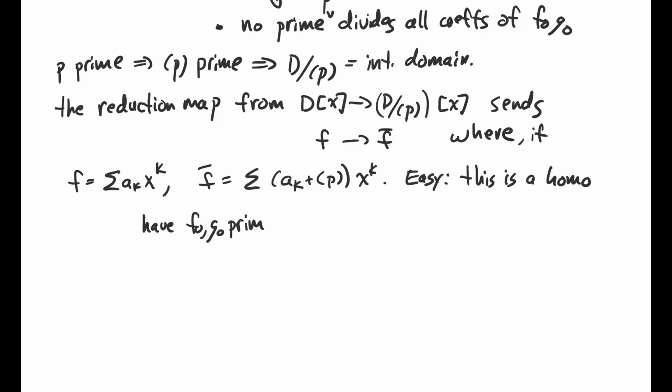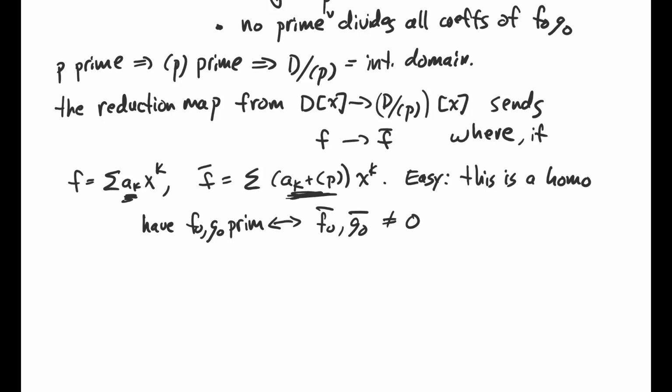So that means p does not divide all of the coefficients in either f naught or g naught. And if you think about it, to say that p doesn't divide it just means that you're not getting 0 here for all the coefficients. Because p dividing this coefficient is the same thing as saying that you get the 0 class right here.